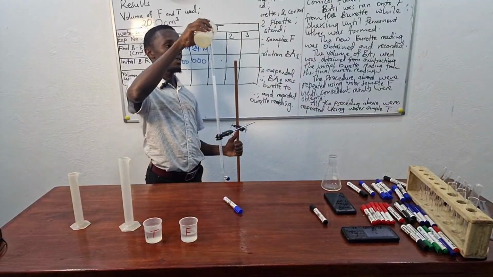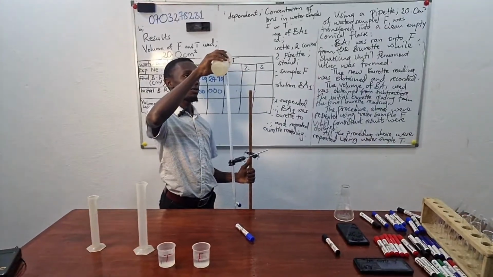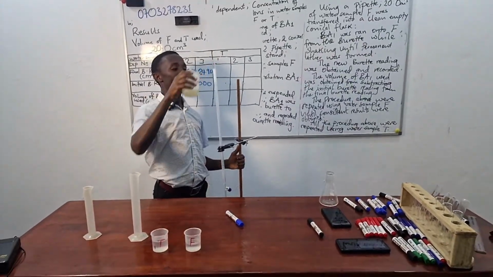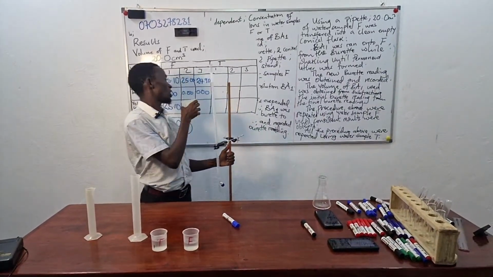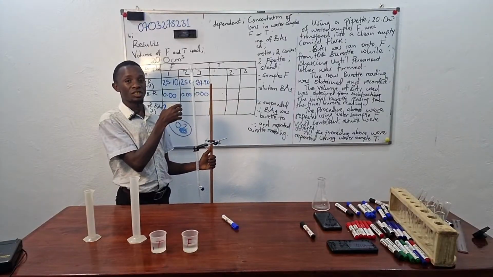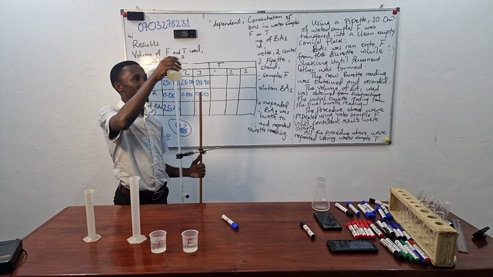Members, if you don't have enough solutions to refill back to 0, you can use any value as your starting point, so long as you record it in the table as your initial burette reading.